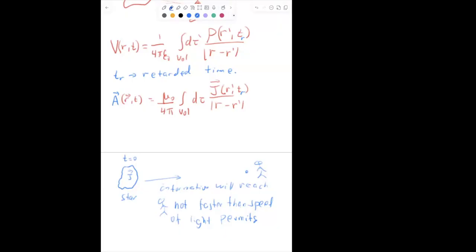So when we look at them now at time t in our laboratory frame, we are actually getting information about the past, simply because information moves always slower than or equal to the speed of light. In our case, it will be the speed of light.